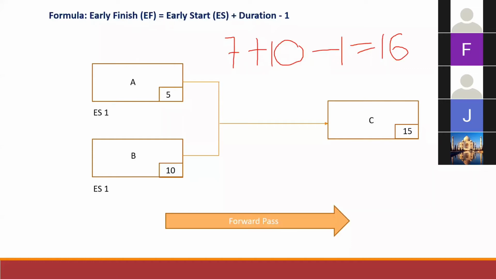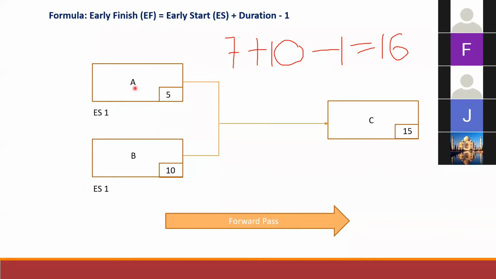This is because on the 7th of August, it is already considered the first day of the activity itself. Based on the Project Management Body of Knowledge Guide, they also stated that the first day of the project is considered as 1. So as you can see here, activity A and B, the same concept applies as these activities also occur simultaneously. So the early start for activity A and activity B is equal to 1 here.